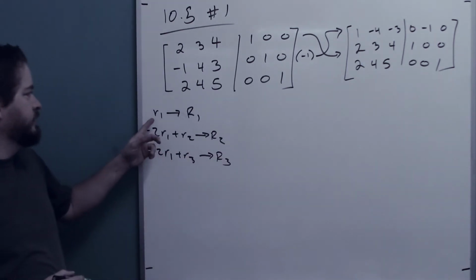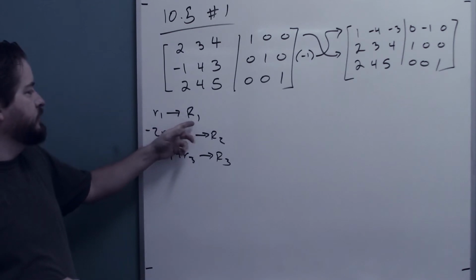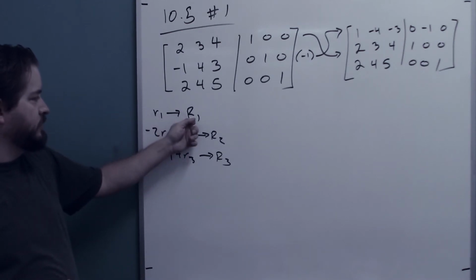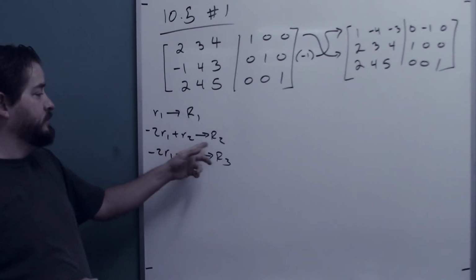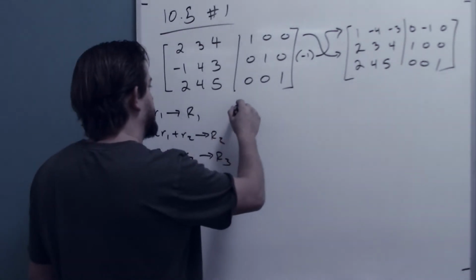So in this notation, the little r is the old row, the big R is our new row, so row 1 stays row 1. Negative 2 of my old row 1 added to old row 2 is now my new row 2, and so on and so on.